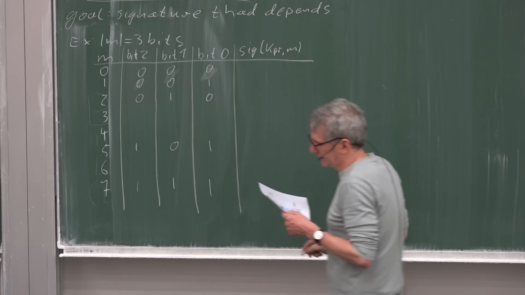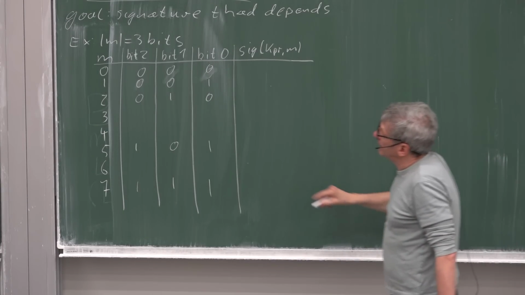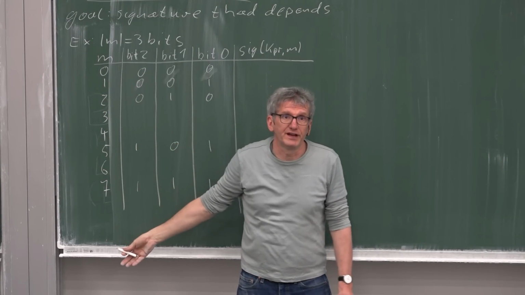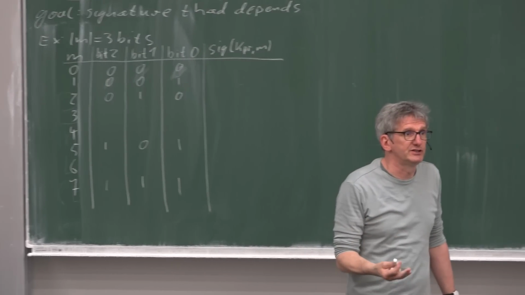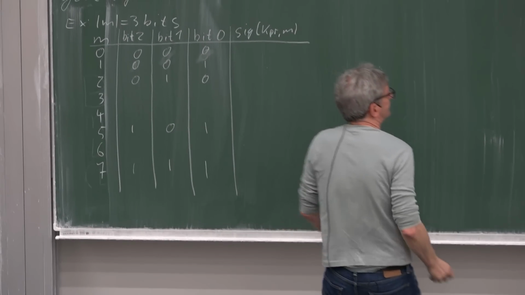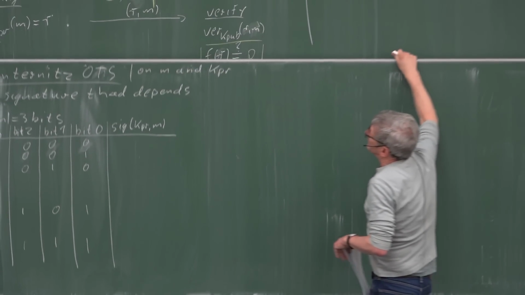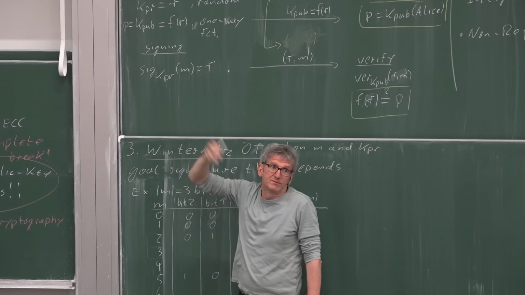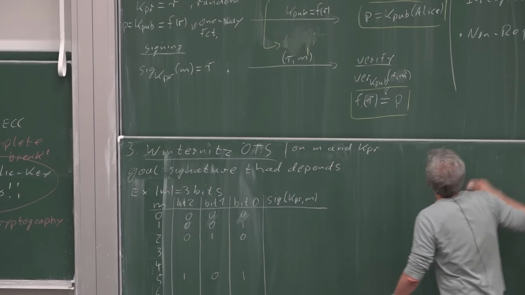What we're doing here: we have 8 different values for the message, and each message should get a different signature, which is exactly what we did not have here, right? Regardless of M, we always put out the same random number.